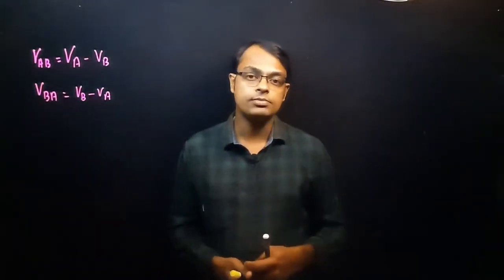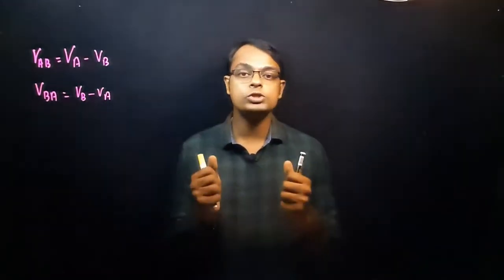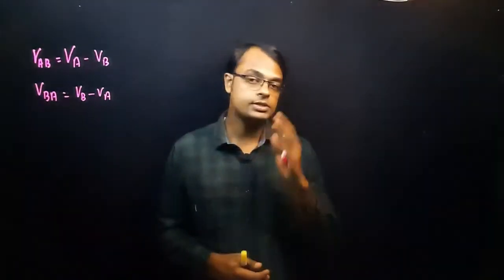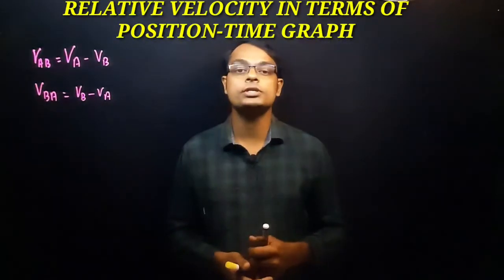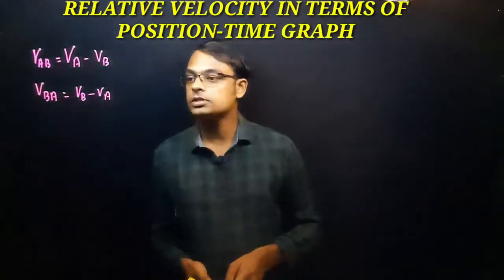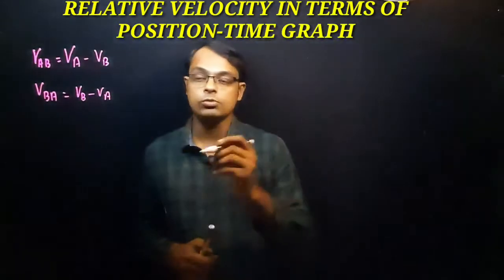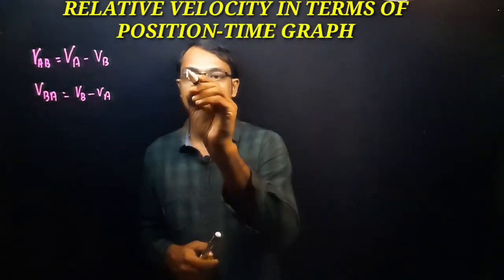The same concept now we are going to explain with the help of a position time graph. So let's discuss the relative velocity concept in terms of a position time graph. Just before discussing that, just imagine a one-dimensional motion. Just imagine the same object we are taking here, that is two cars.